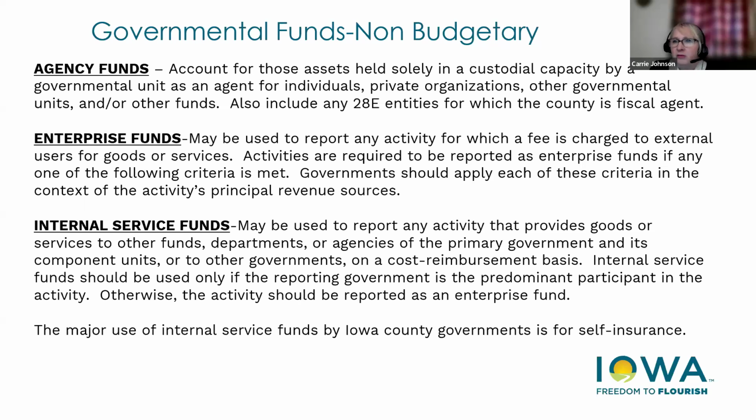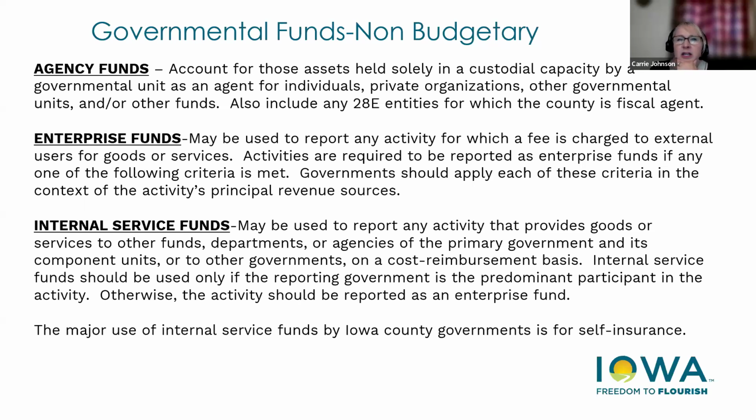I mentioned another governmental unit when I was talking about assessors, but you also have 28E entities that you might be a fiscal agent for, for instance. So you as a county are going to have some agency funds. If you're not familiar with who your county is serving as a fiscal agent for, that might be worth taking a look at.